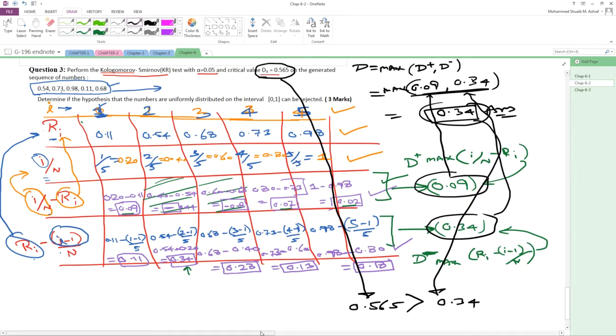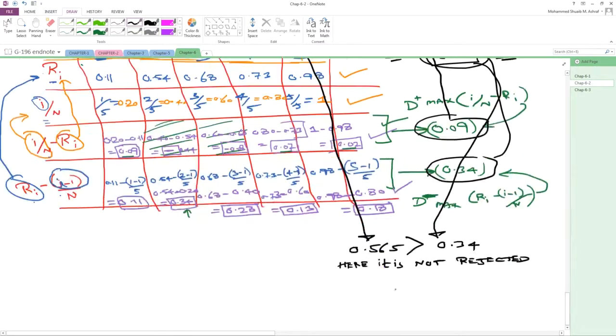So if the value given in the question is bigger, then you will write here: not rejected.